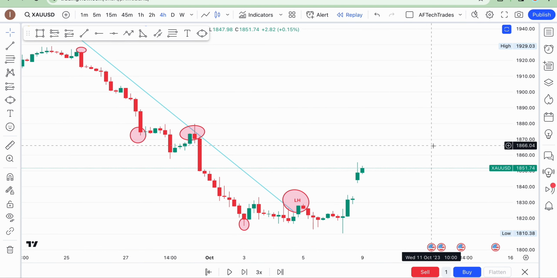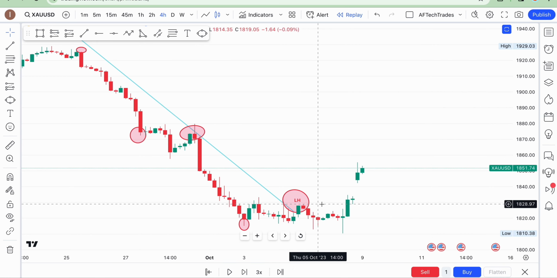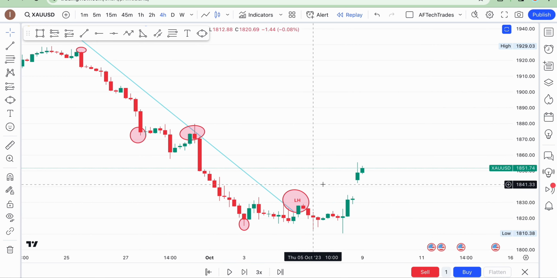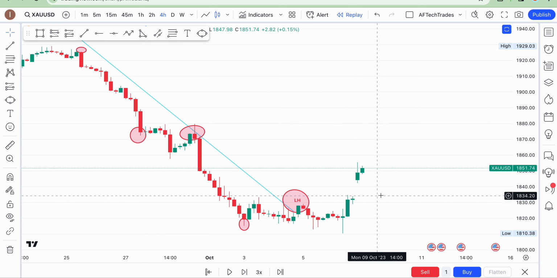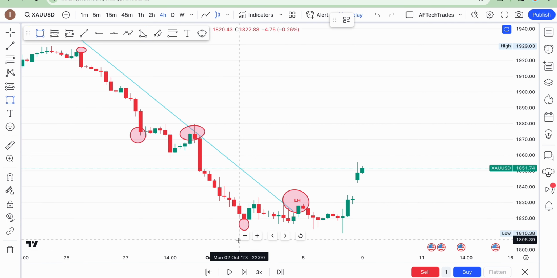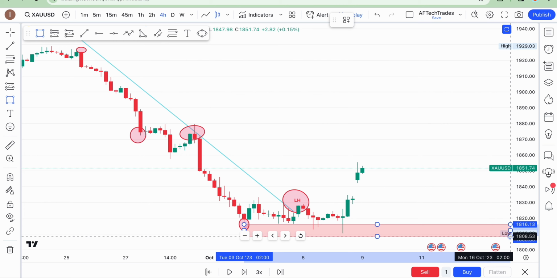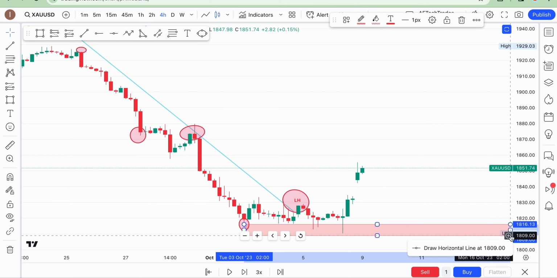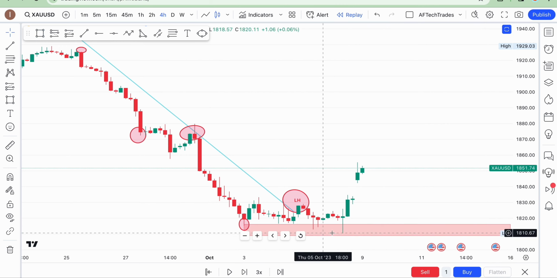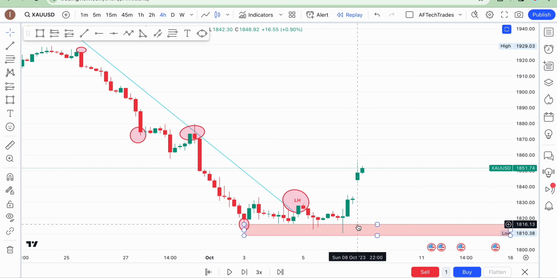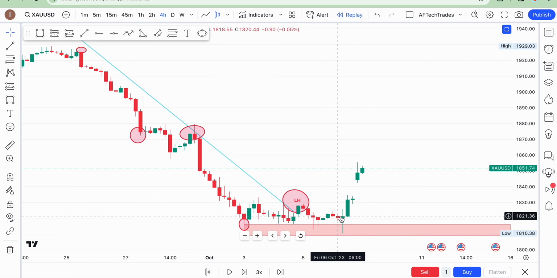So immediately you notice that, okay, this has broken through our previous lower high. What are you supposed to do? You mark out your zones, right? Immediately you mark out your zones. Okay, let's say this is your zone. Why? Because if you notice, it touches this place multiple times and it was rejecting it, right?